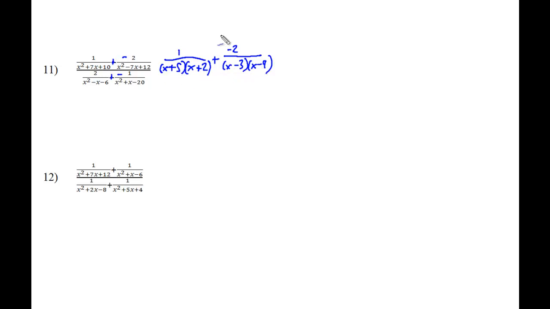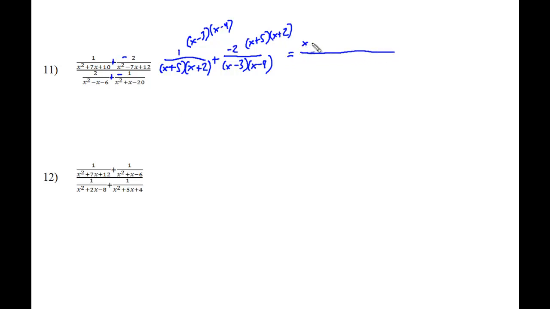Now, unfortunately, there are no common terms in these, so this is going to have to get multiplied by x minus 3, x minus 4, top and bottom, and this is going to have to get multiplied by x plus 5, x plus 2, top and bottom, which gives me an entire numerator, and this is going to be quite the monster here.